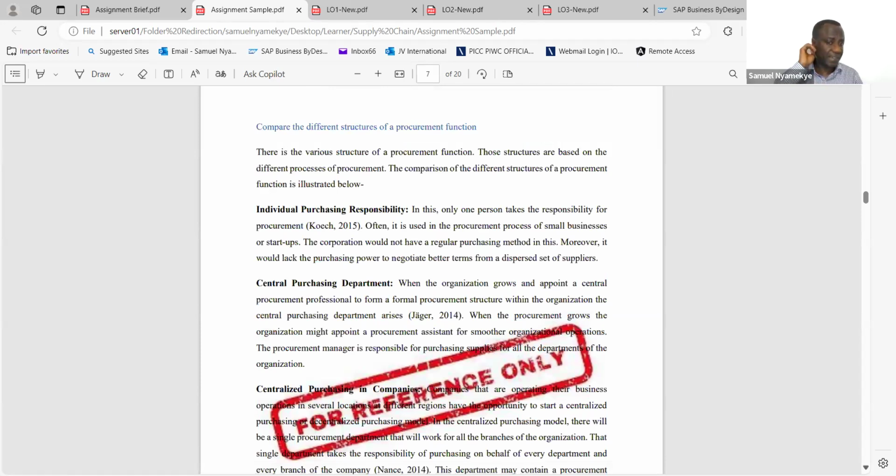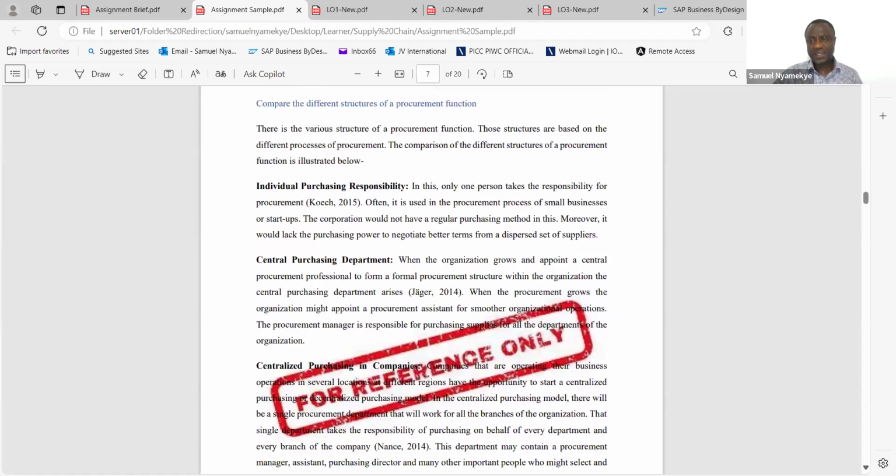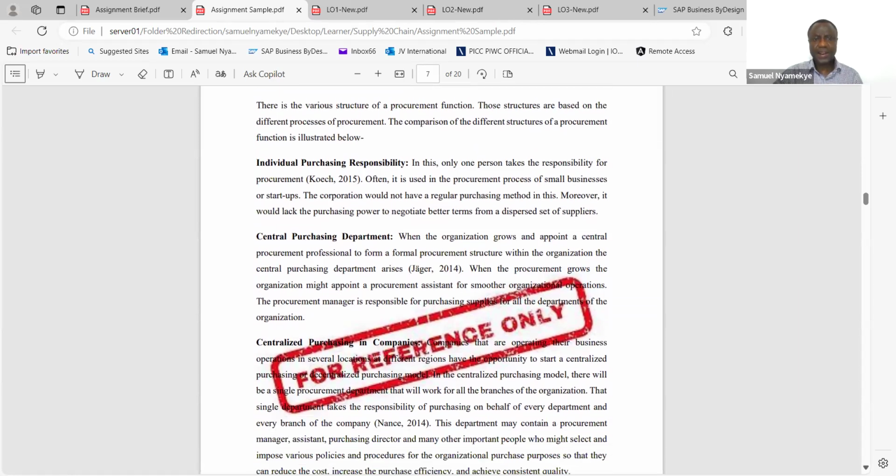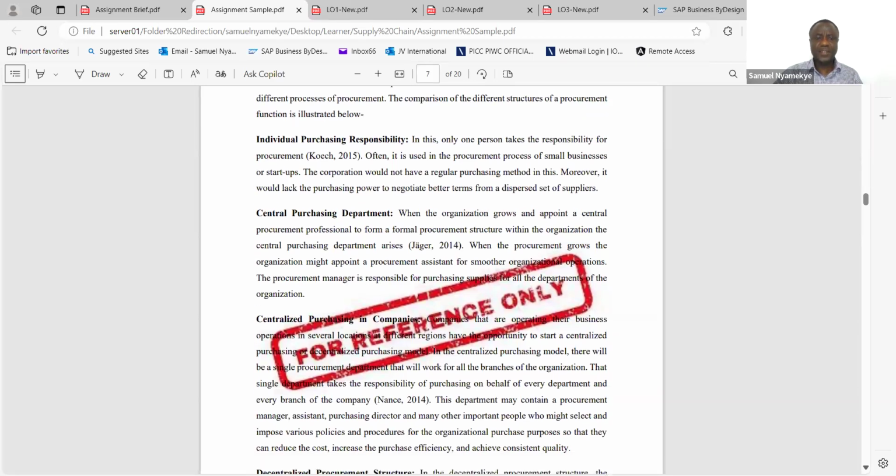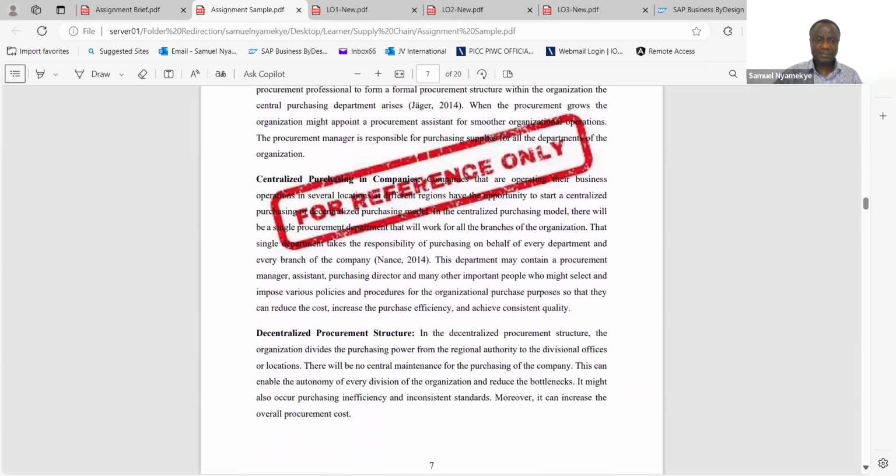We've mentioned several times the different structures that we know: the centralized, the local, or the individual purchasing, you can mention that.